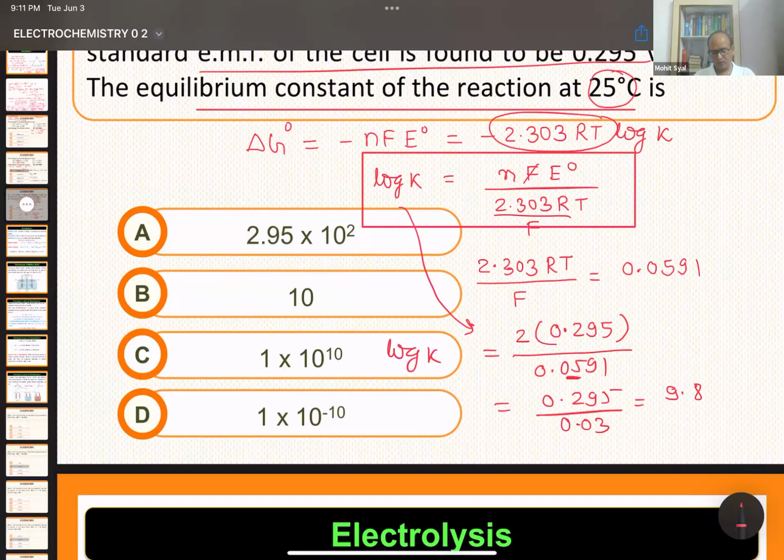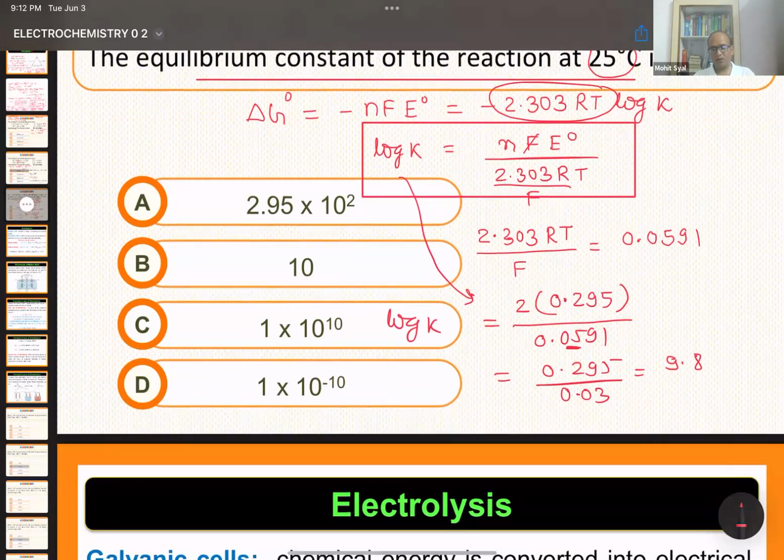So you are going to do this much calculation for log K. Let me get the exact value: 0.295 into 2, divided by 0.059.